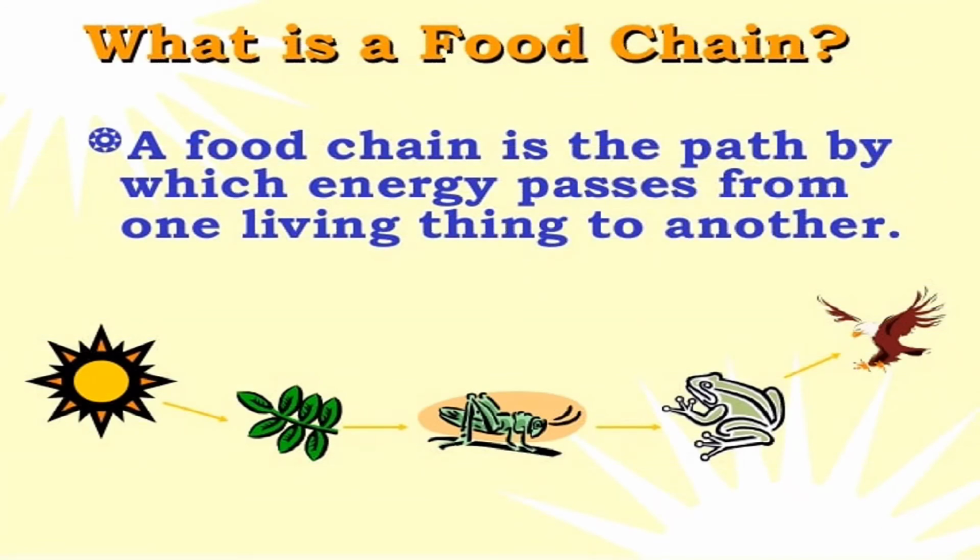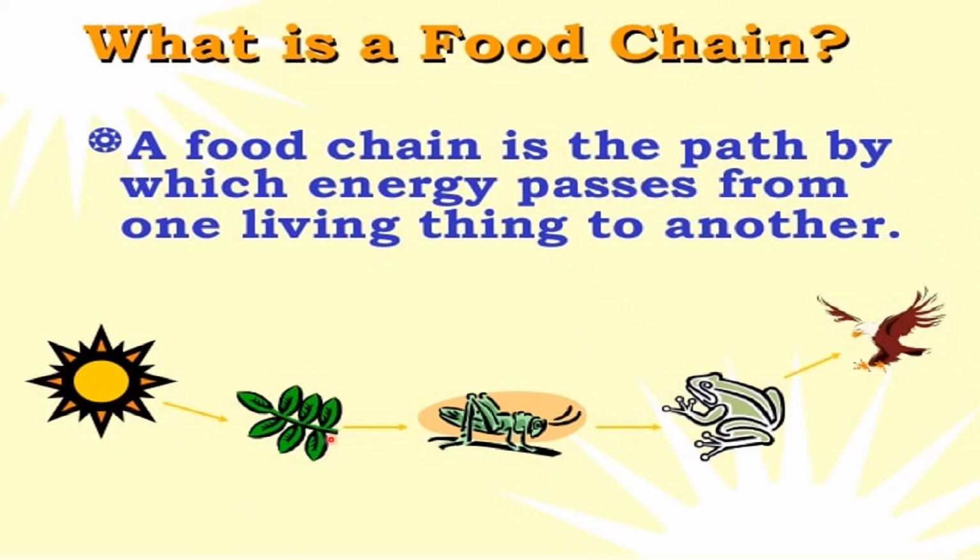Okay. So this time, we will be focusing first on the food chain. What do you mean by food chain? A food chain is the path by which energy passes from one living thing to another. So when you say chain, it's energy passing from one living thing to another.